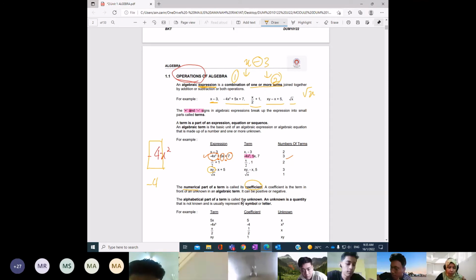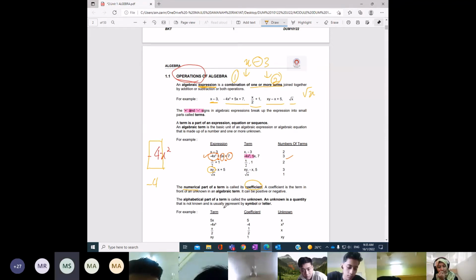What is going to be the answer? Coefficient dia berapa? XY. 1. Ya, 1. Sebab sebenarnya yang tidak kelihatan itu adalah 1 darab XY. Jadi 1 lah. Betul, pandai.